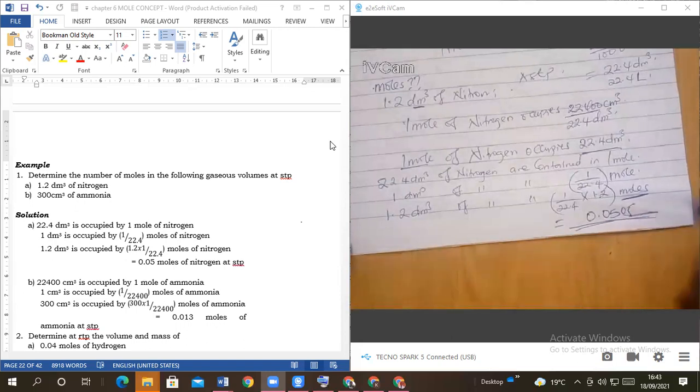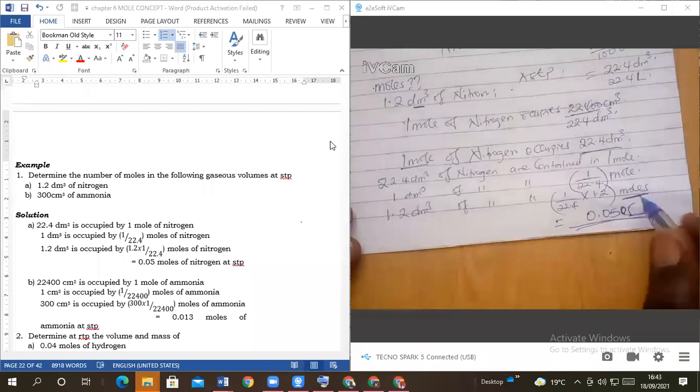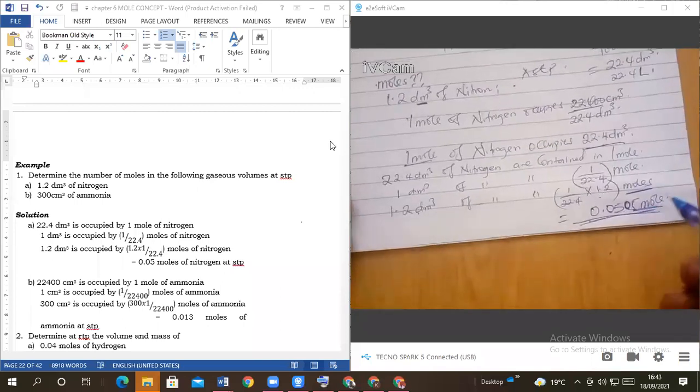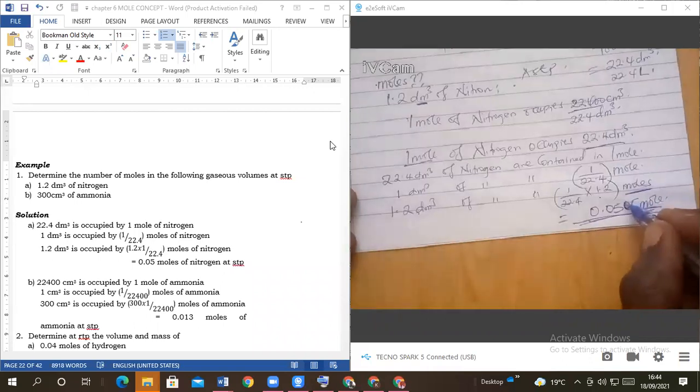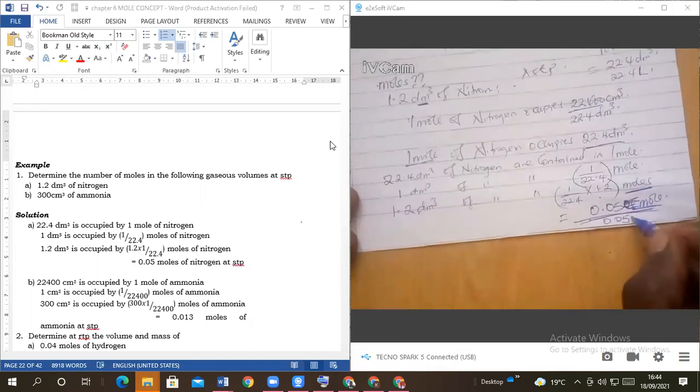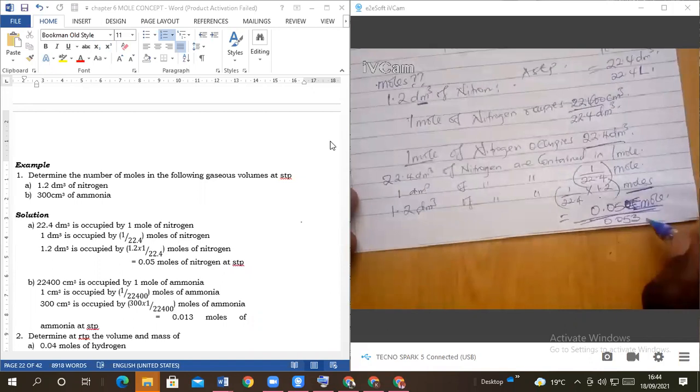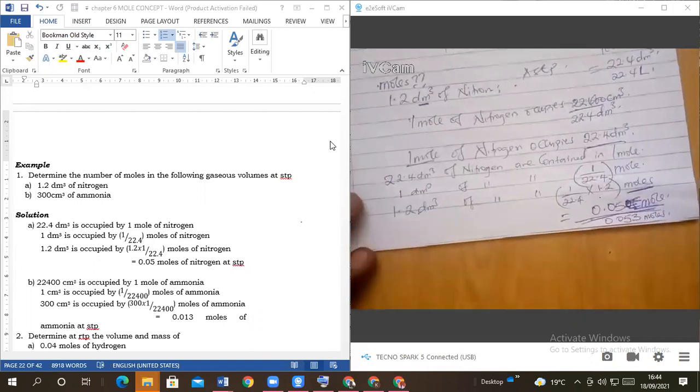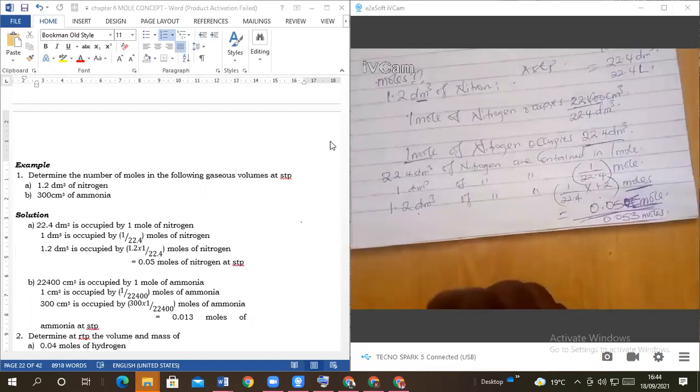It continues like that. I told you, write the answer to how many decimal places? 3. So that's not the answer, it is 0.053. So I put 0.053 moles. Okay? So that is our answer we have.